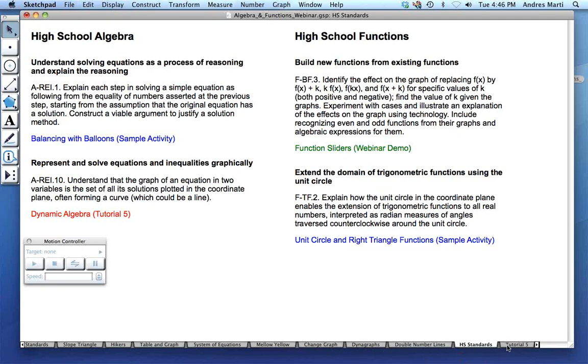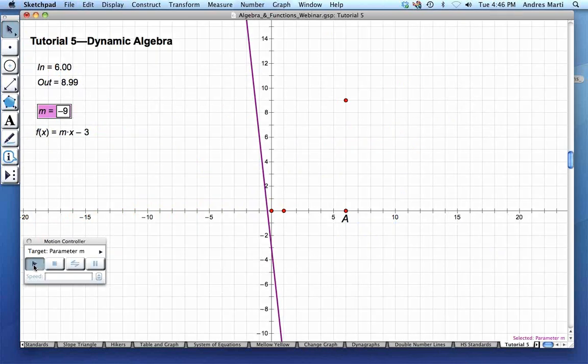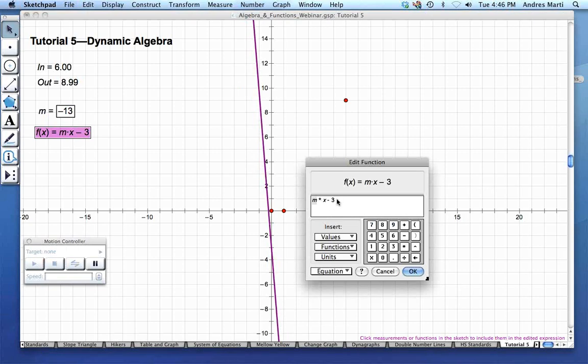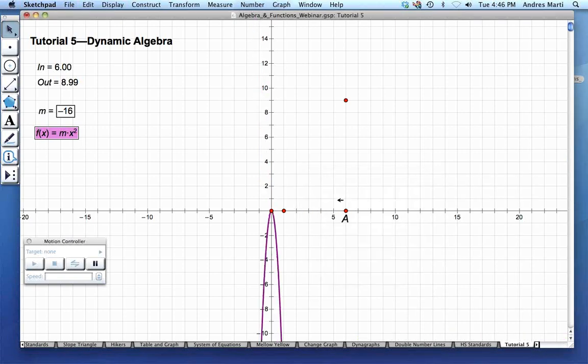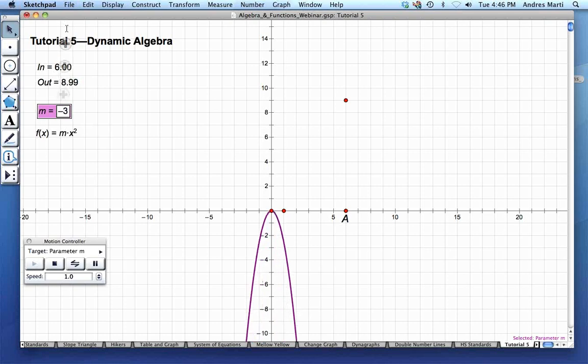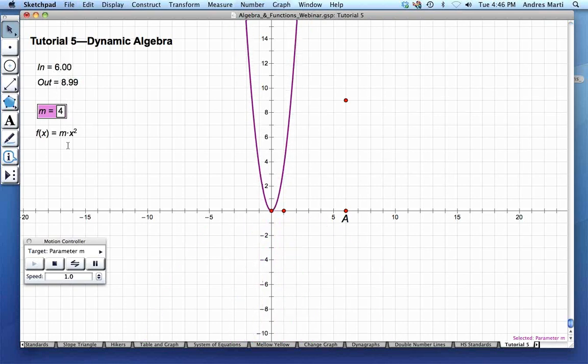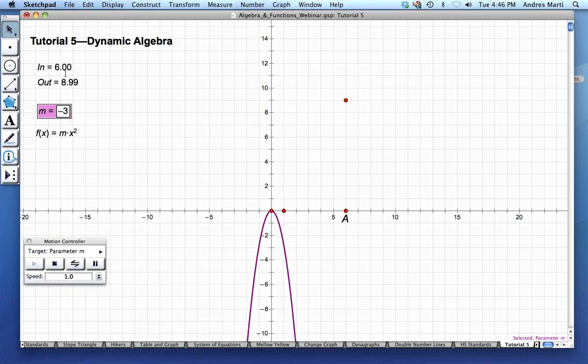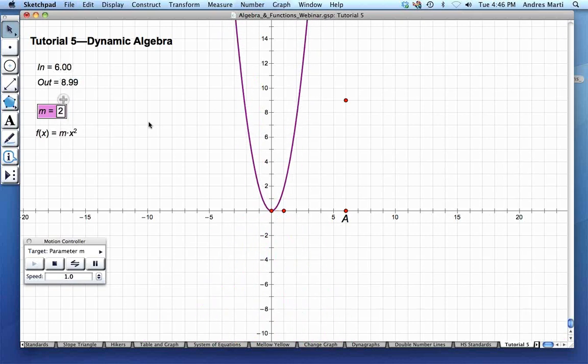But we could take this and experiment with, well, what happens if we did x to the second power, and now what effect does changing this parameter in front of m have? Well, I'm going to go up. So it's negative, and as soon as it becomes positive, it pops the other way. So you can see there's a lot of dynamic motion and movement here that connect different things together.